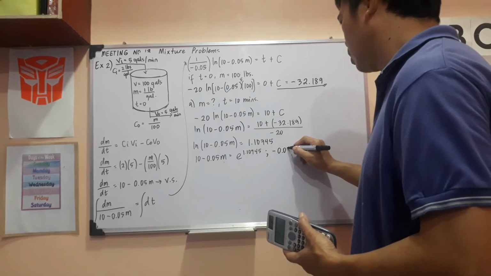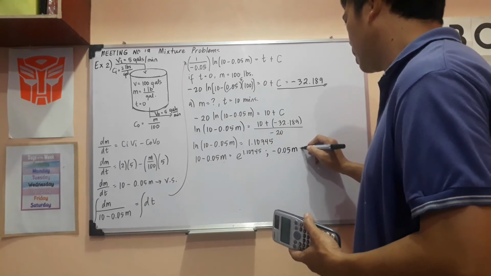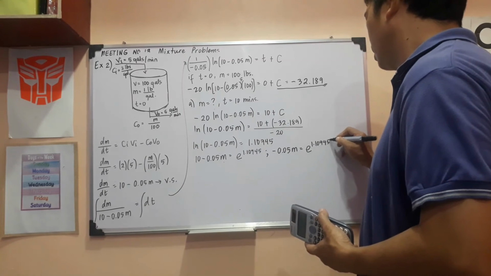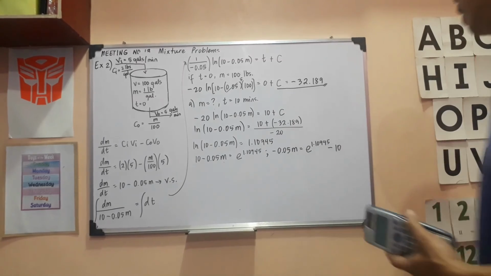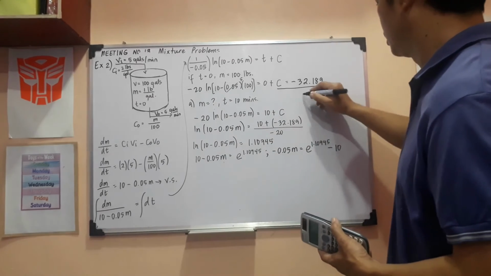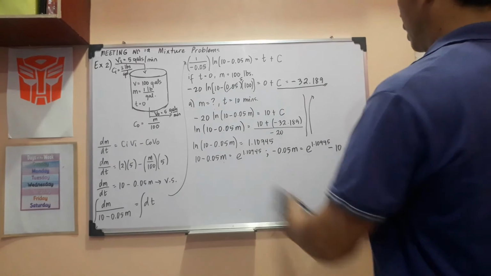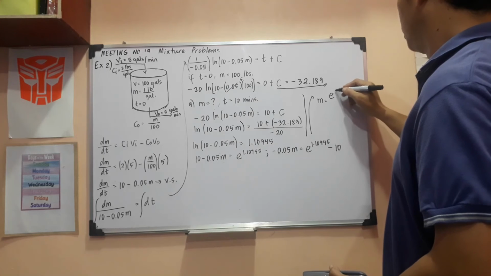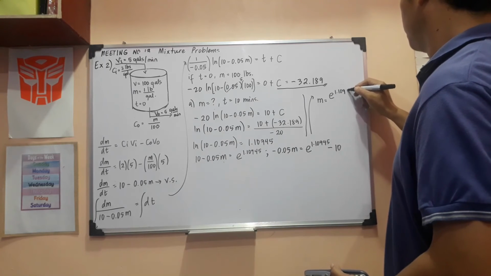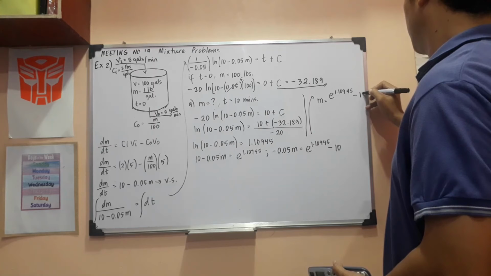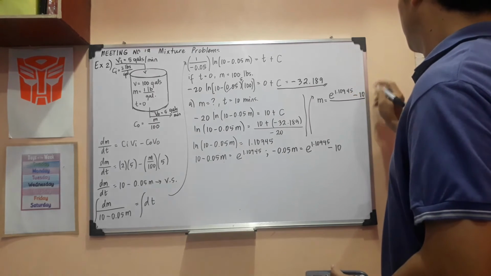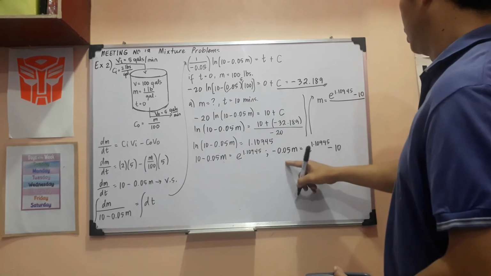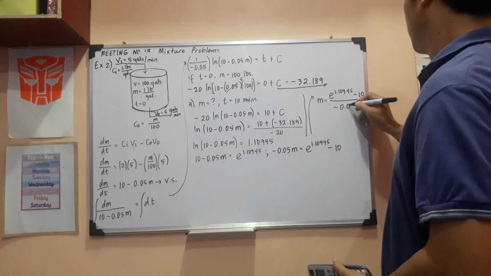And, negative 0.05 M is equal to E to the 1.10945 minus 10. Okay? And therefore, dito ko na ituloy para meron tayo sa letter B. M is equal to E to the 1.10945 minus 10 over negative 0.05.